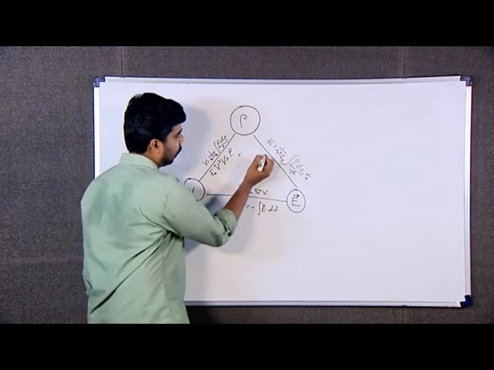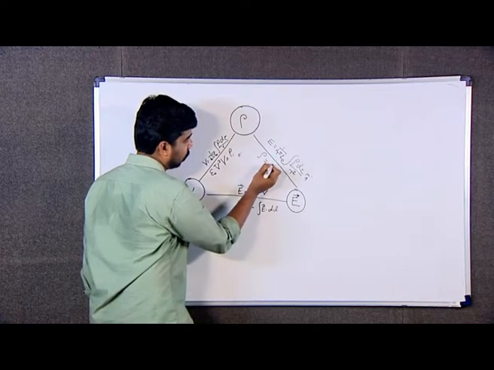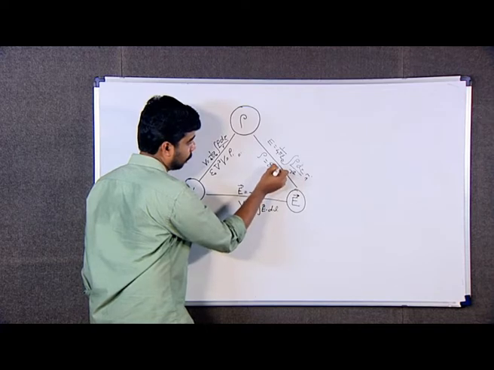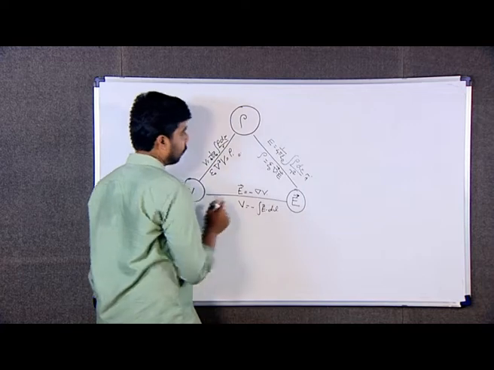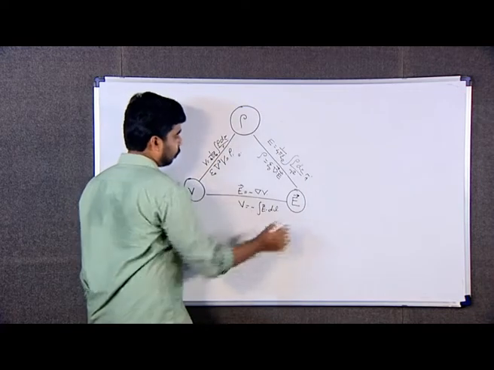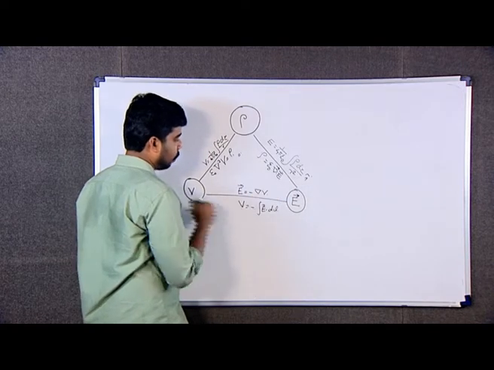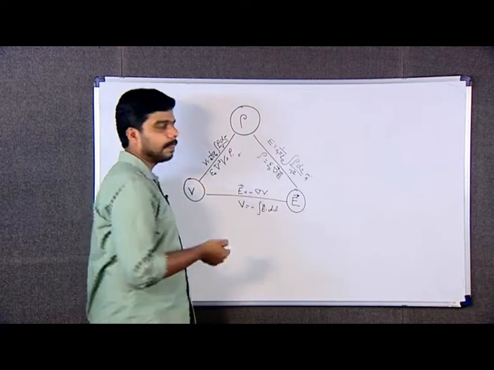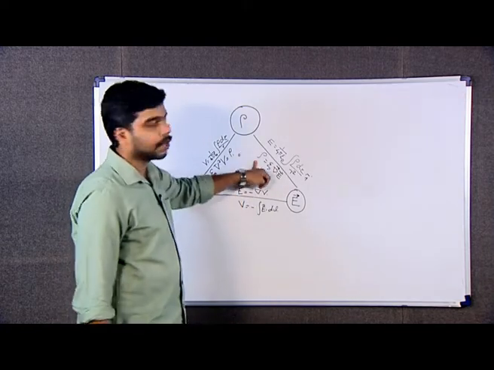And here also you can write Gauss's law. You can find out rho if you know the electric field, which is equal to epsilon 0 into del dot E. This is the connection between rho, V and E. Using this diagrammatic relation, if you know V, you can easily find out E. If you get E, you can find out rho.